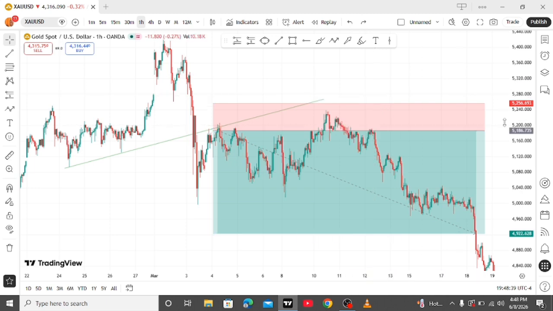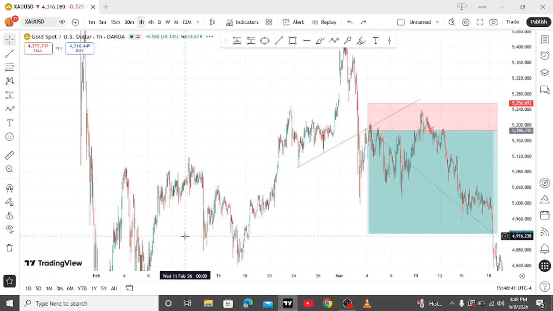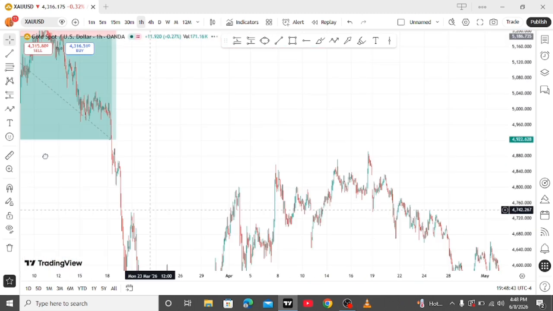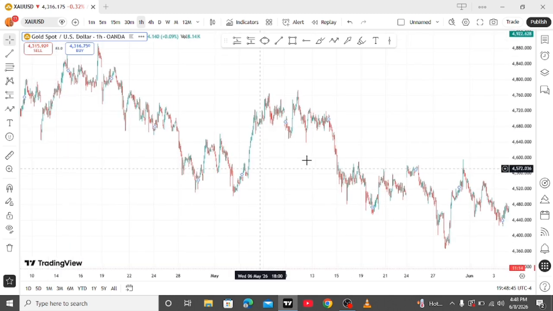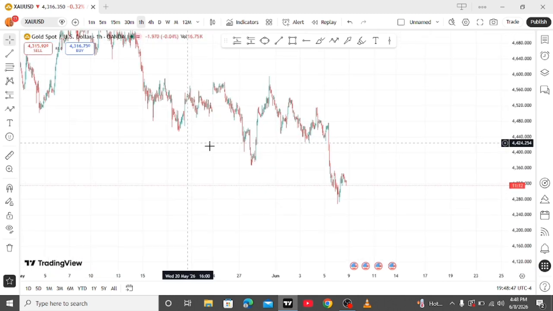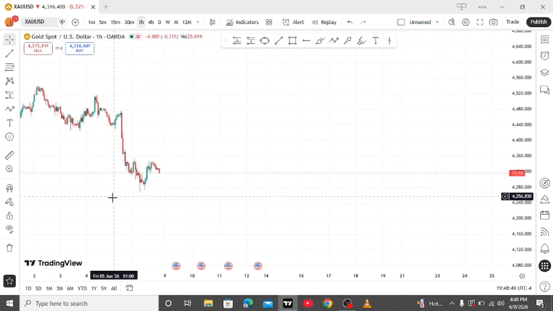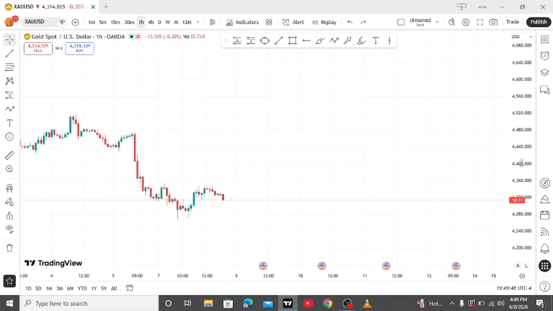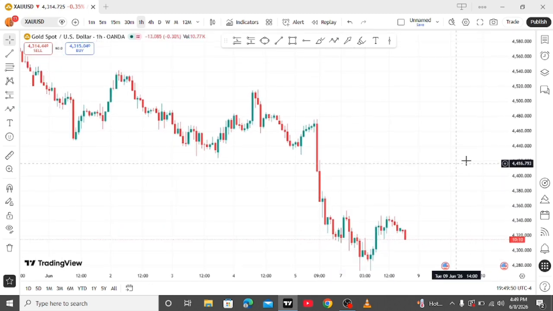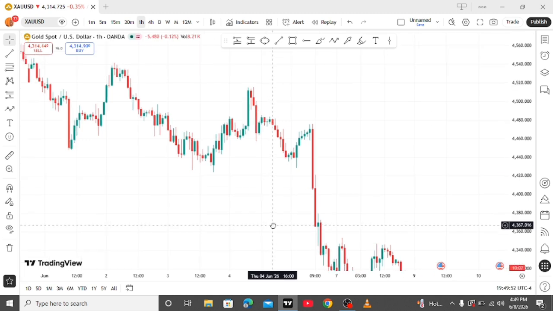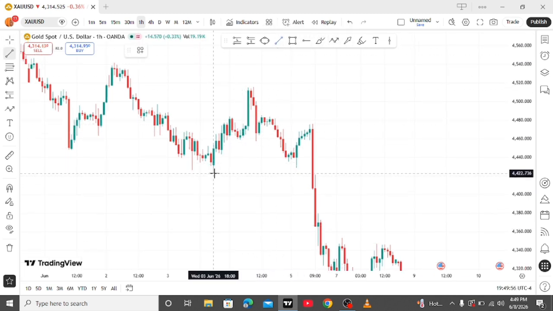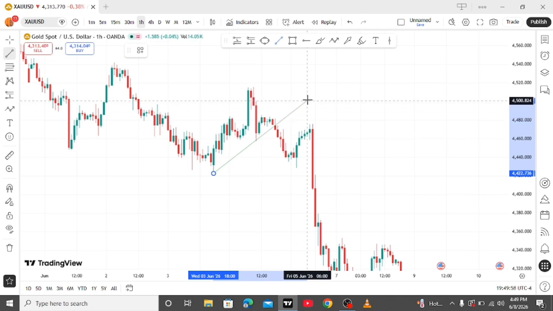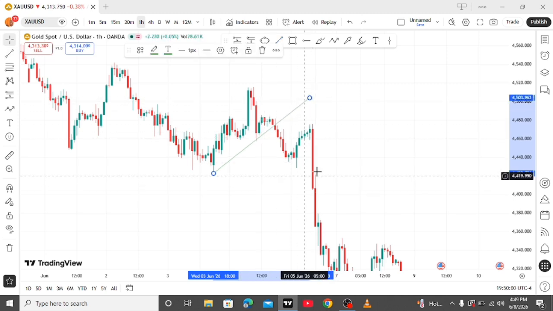So I'll give you one more example. Let's go over to the same XAU USD. Let's search for another. All right, look at this one here. So if you notice from this point, the market gave us a first touch here, second touch, and the market didn't retest our trend line.